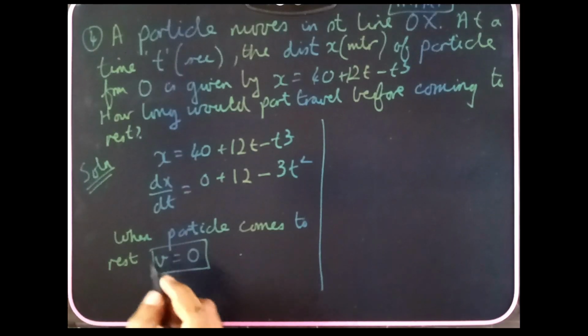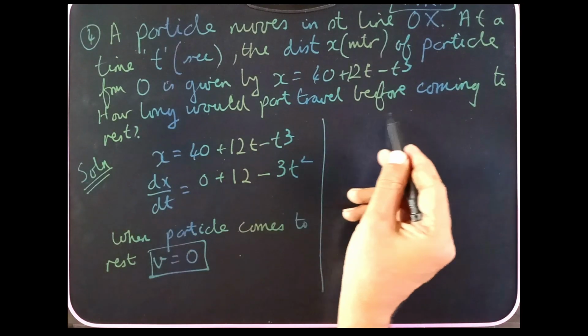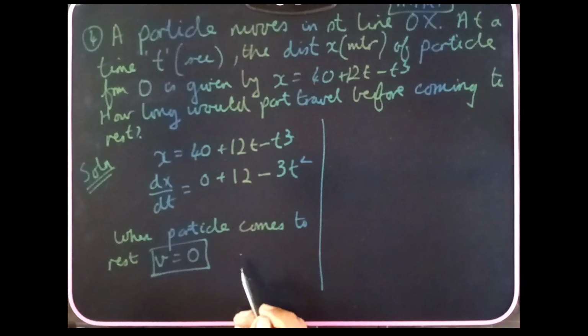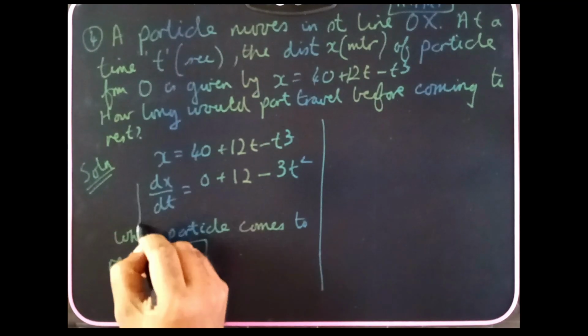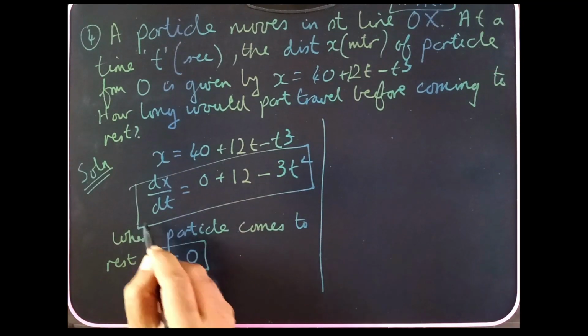So it is asking how long would the particle travel before coming to rest. What is the distance traveled by the particle before it comes to rest is what is being asked. So now we need to find out the time when it came to rest, right? That's why we found out the derivative first.